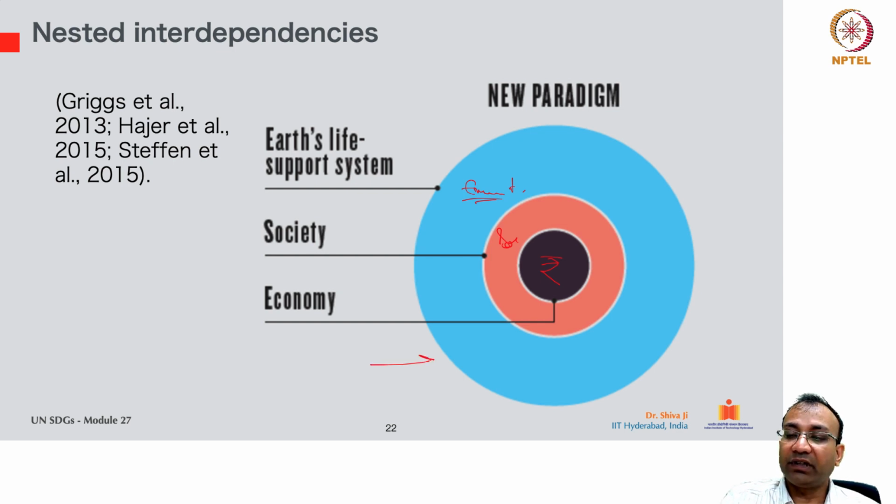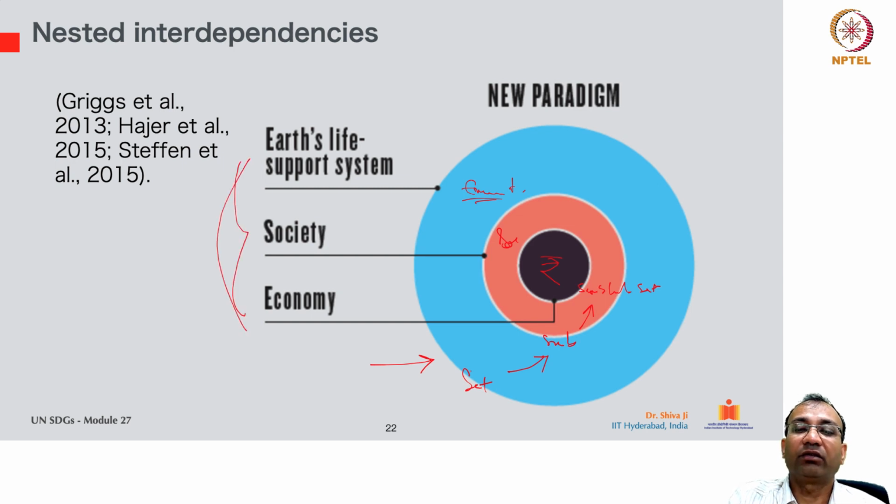This set, if you see, is the bigger set, and then a subset and then a subset, right? So this is an arrangement of nesting one inside another. This also shows an interrelationship, how these three different domains and aspects come with respect to each other, right?